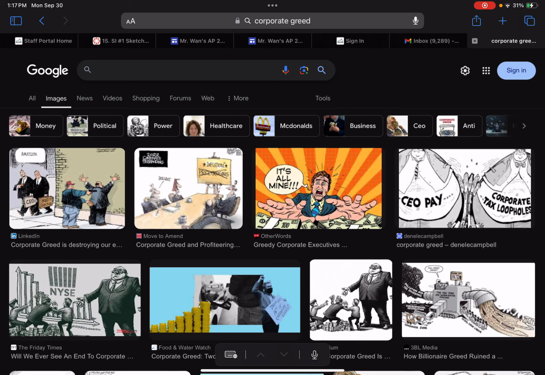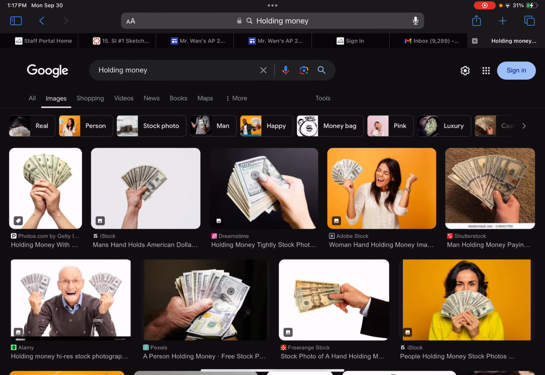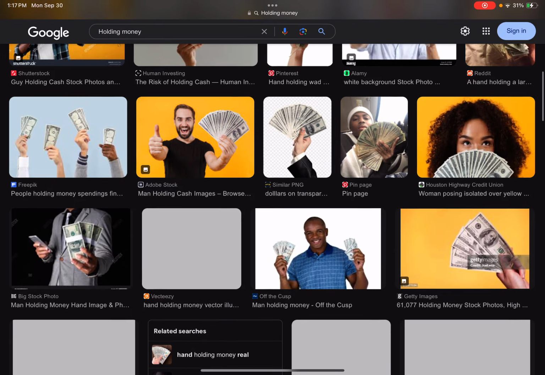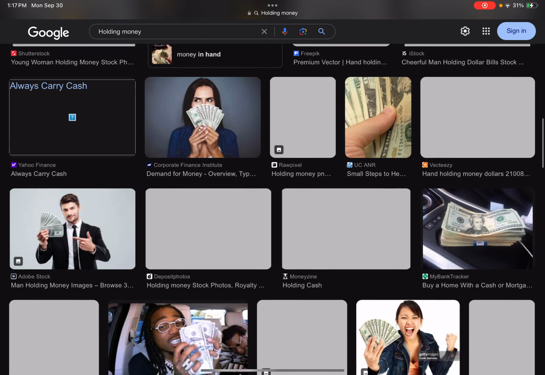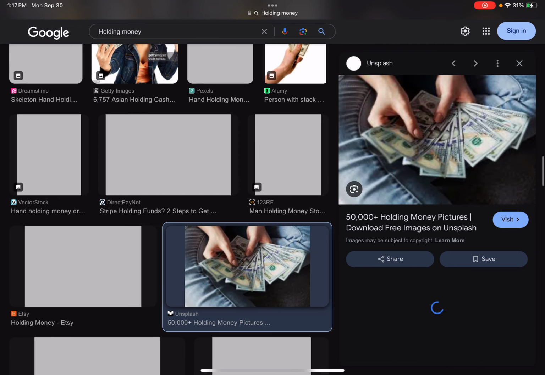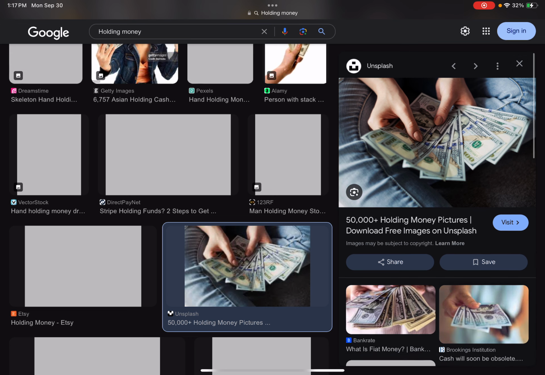So I might actually look up images like holding money. So just see some poses of it, like holding money. So if I wanted to incorporate an idea of just hands and money, that could be really neat. Maybe grabbing money.